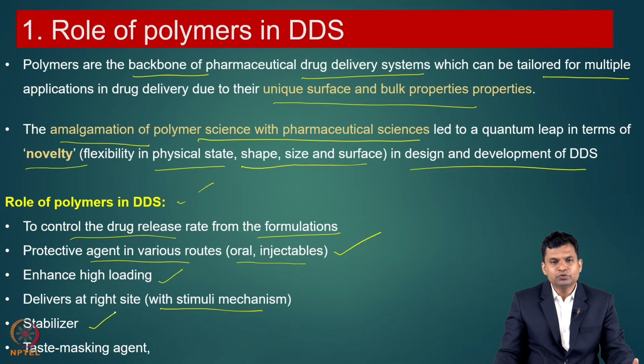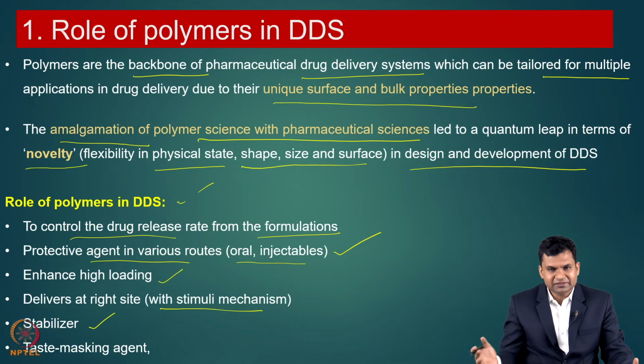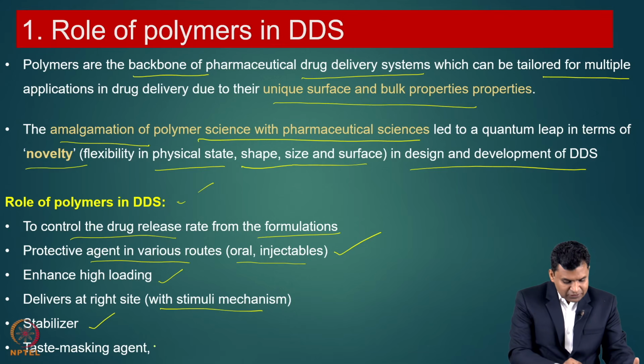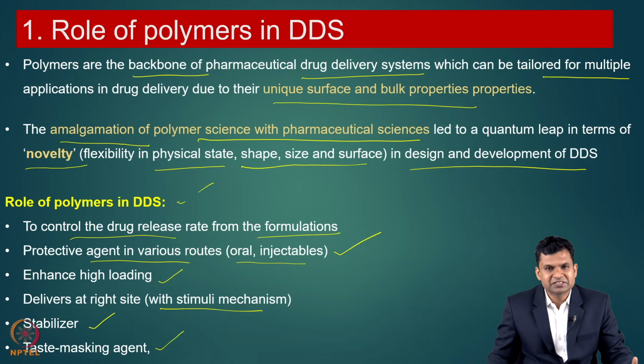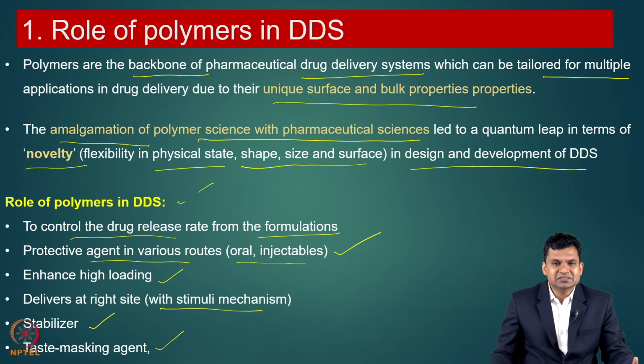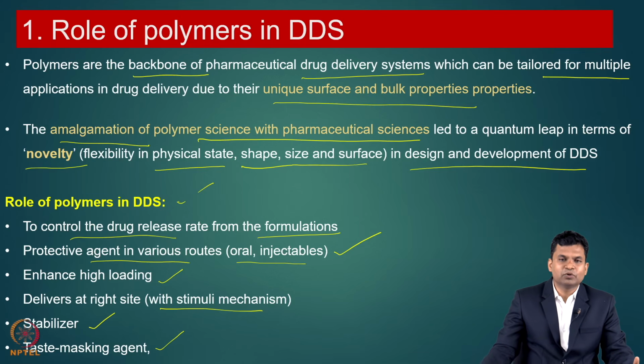Also, we use polymers as stabilizers and surfactants. Not only that, by using these polymers in novel drug delivery systems, we can mask the bitter taste of various active ingredients. So, these are the various roles of polymers in drug delivery systems.